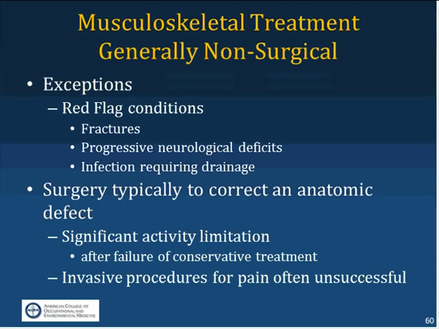In general, and this is probably no news to anybody on this webinar, musculoskeletal treatments generally are non-surgical to start out with unless you have red flags, which are things that are dangerous and should be referred right away. Surgery is done to correct a clear anatomic defect after conservative treatment failed, again, assuming this is not an emergency.